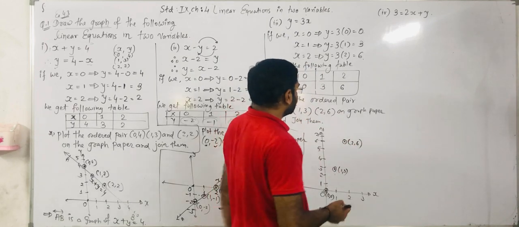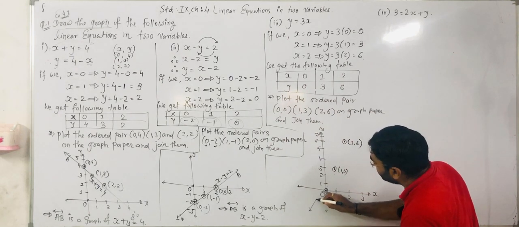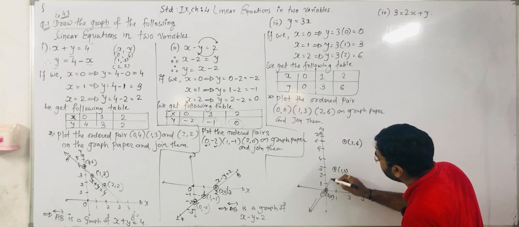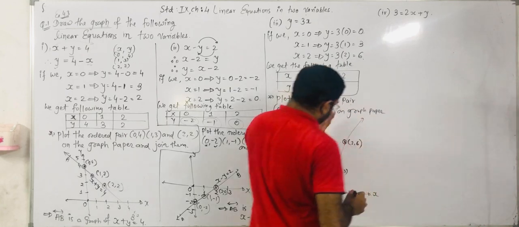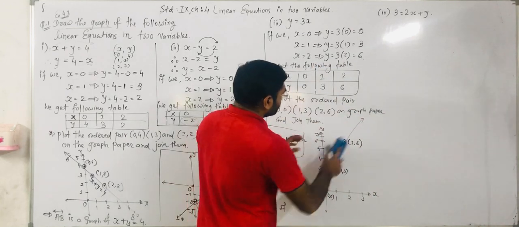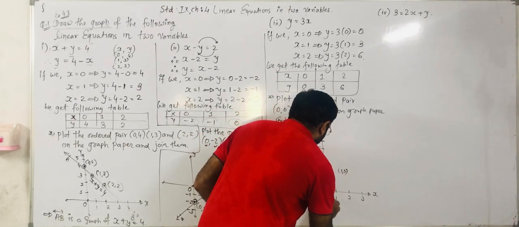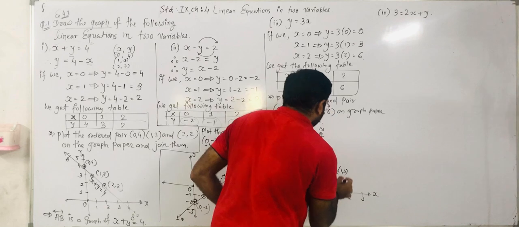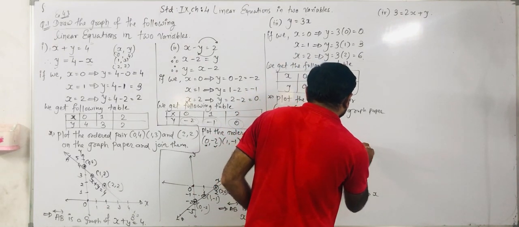These all 3 points we plot on a graph paper and join them with the line. So if you join, we get this way. If you plot on a proper graph paper, that way you get the straight line. Right? Okay. So this is 0 0, 1 3 and this one is 2 6.